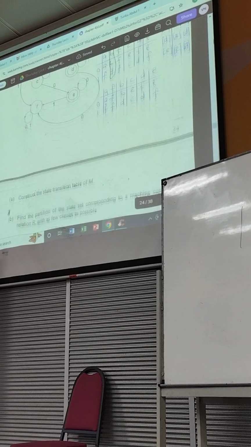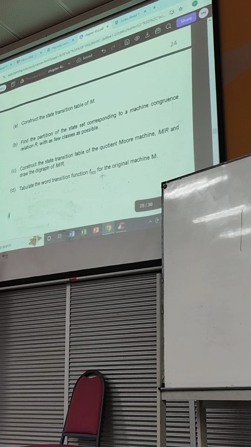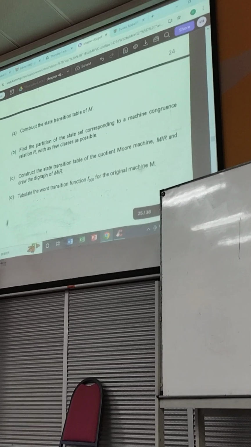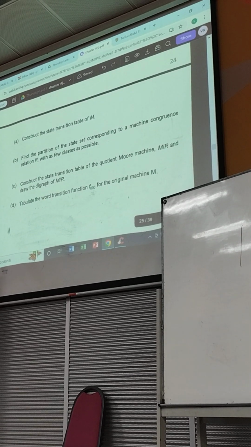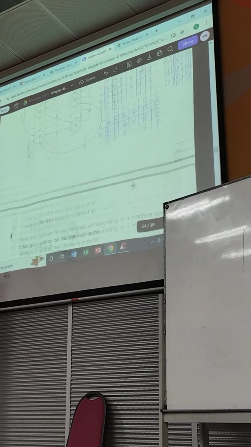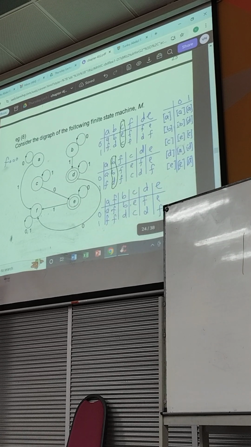Okay. Last one is tabulate the word transition function of F000 for the original machine M. How do we want to tabulate this? Still remember? F000.